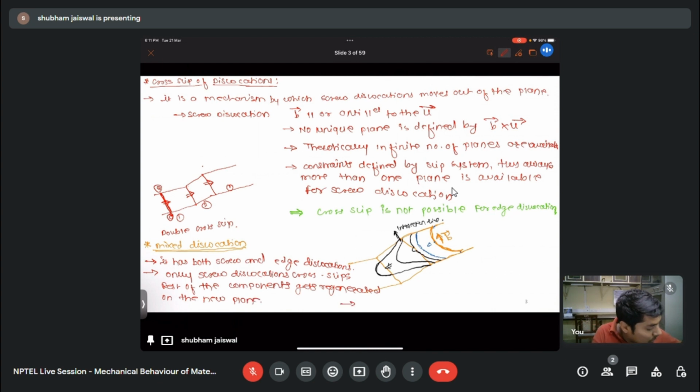And also the third important point, that the intersection line will be along the Burgers vector.